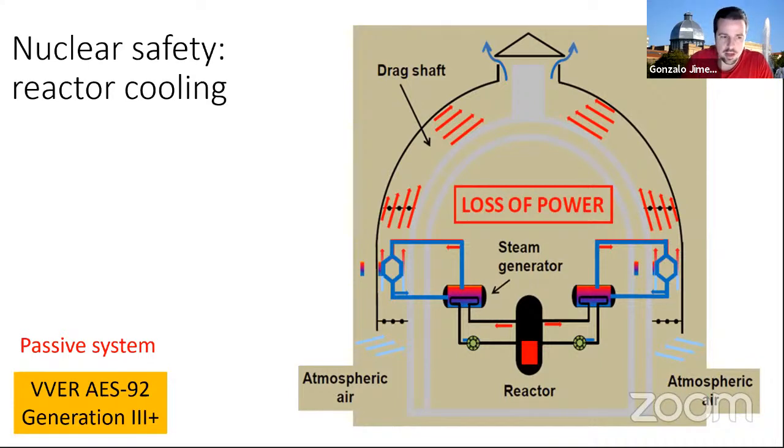In this VVER reactor from Russia, what they are doing is locating heat exchangers on the outside of the containment, which can condense the steam produced in the steam generator and send it back to it as water. So it's an infinite cycle if you need it. That's very good for nuclear safety, because it assures you a heat sink for a very long time.